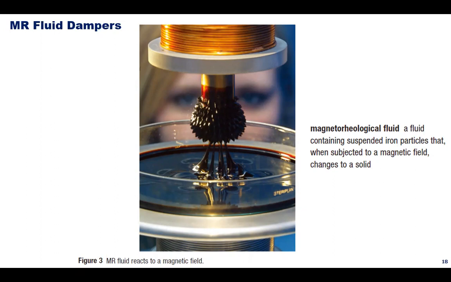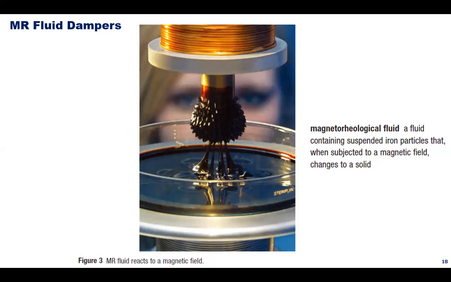The liquid portion of MR fluid material is usually a type of high viscosity or thick oil that keeps small iron particles suspended in it. The iron particles are the key to changing the fluid into a solid and vice versa. When a magnetic field is activated near the MR fluid, the fluid greatly increases its viscosity.